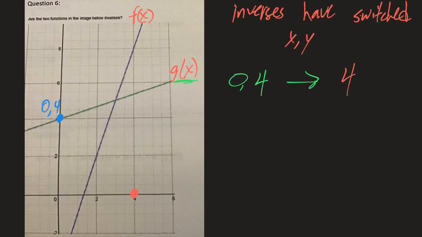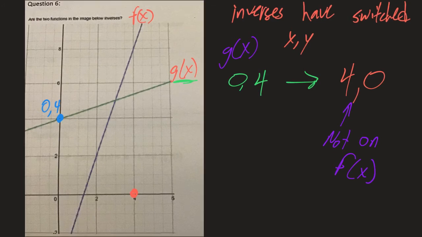And you can see this point is not on f of x. So this original point is on g of x, but this one is not on f of x, which means these do not have those switched x and y's, so these are not inverses.